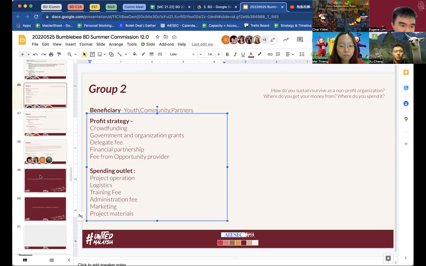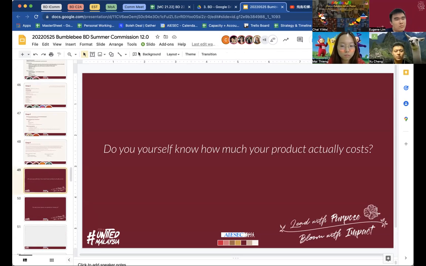Okay, so let's go towards the next part. Maybe you guys can popcorn style in the chat. I want to ask you guys, do you yourself know how much your product actually costs? If you know the amount, you can directly type in the chat. Sunisa mentioned raising funds for beneficiaries.